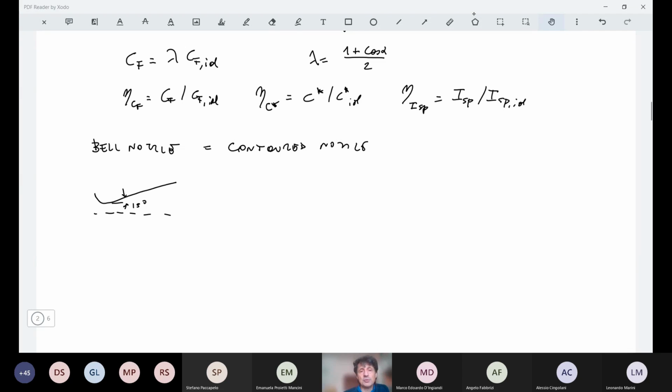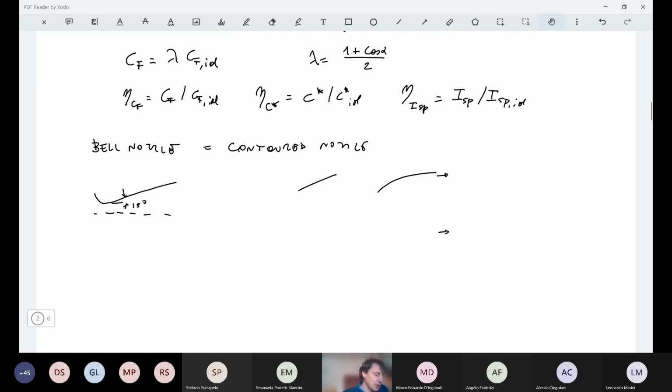So what we like to do is to avoid having these losses by proper contouring of the nozzle. Of course, one can imagine that at the exit, rather than having this direction, we have something like this, so that at least at the wall I have something in the axial direction, I have momentum in the right direction, and this would improve our performance.